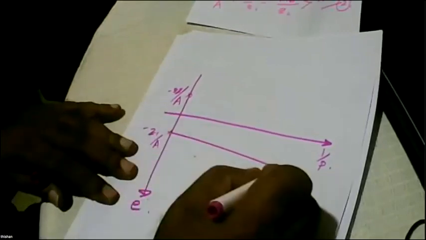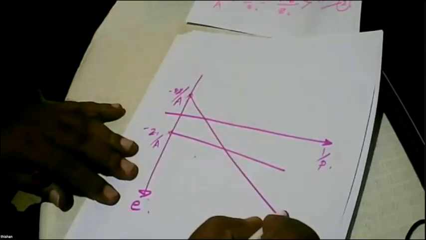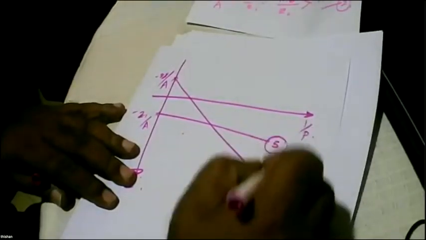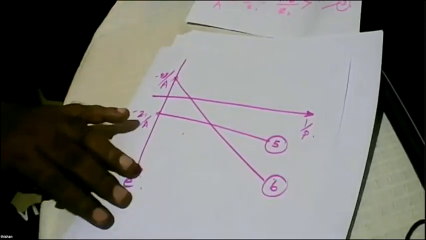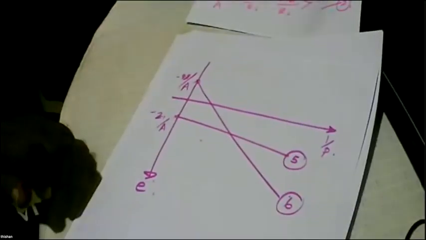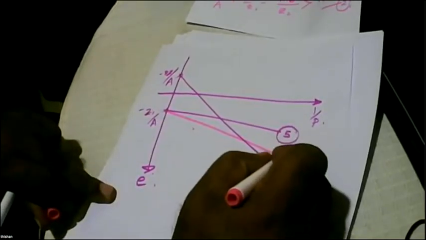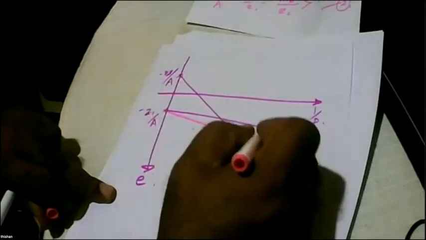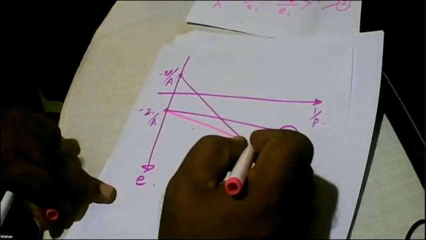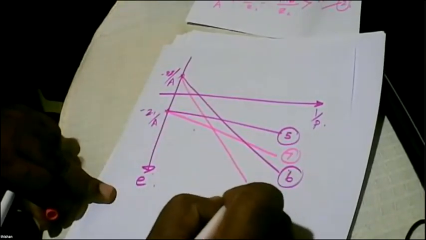This is equation number 5. This is equation number 6. And then we have two more equations which say E should be less than. Number 7 and number 8.